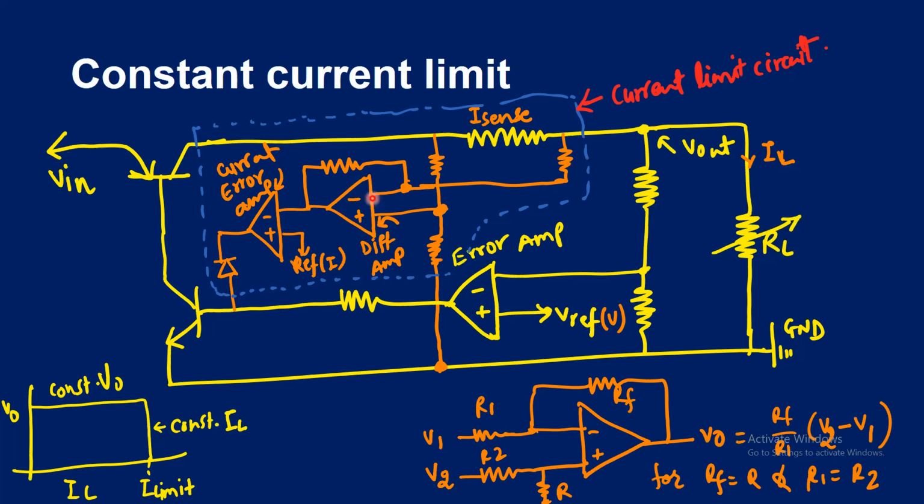And in the orange, we have put an extra circuitry to control the load current, and that is called the current limit circuitry. Now, we will see the working of this circuitry step by step.